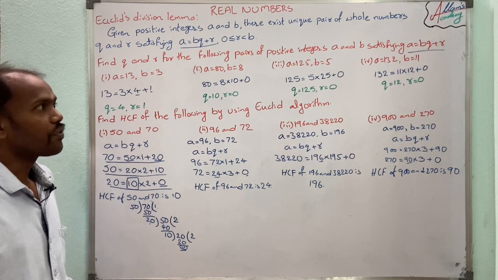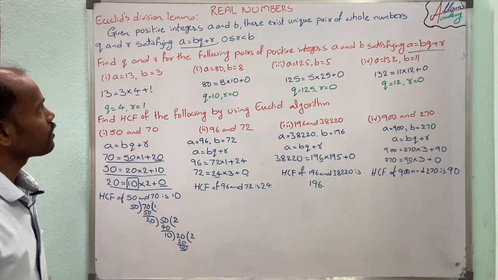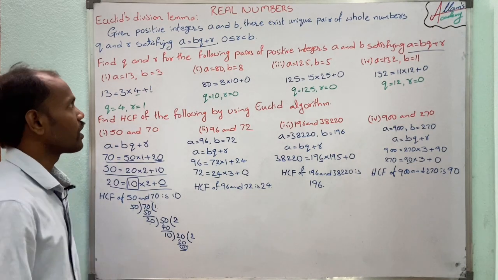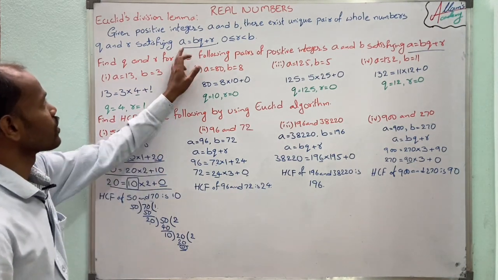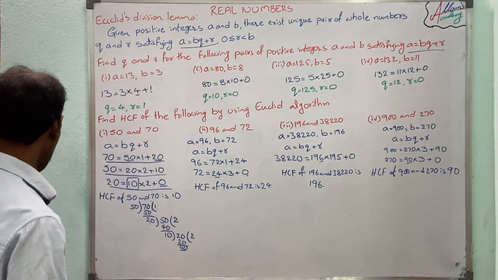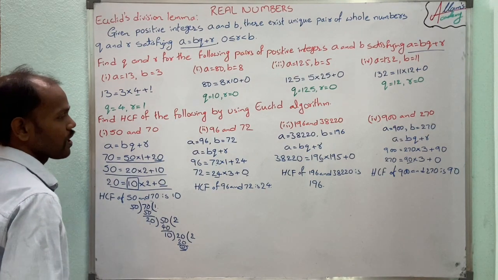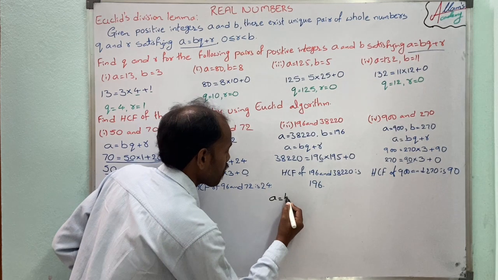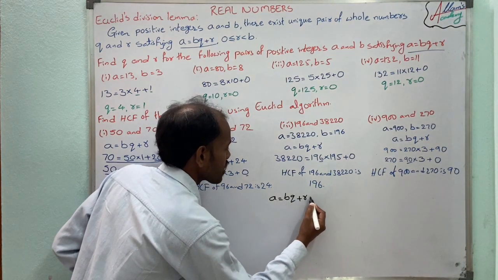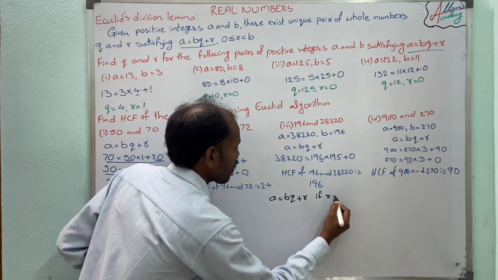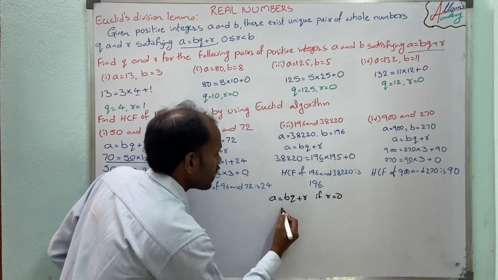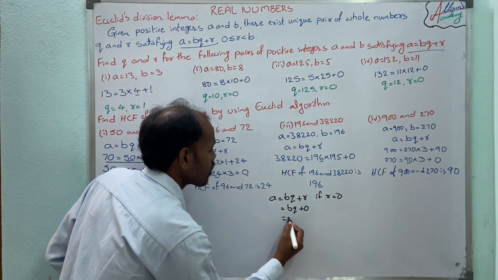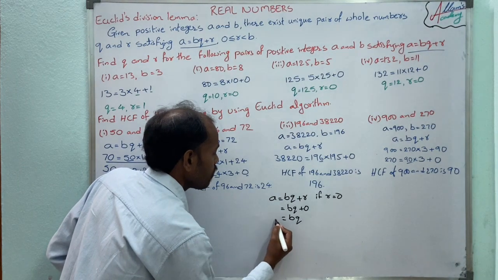So now if we observe here, the R value is 0. Then what happens to this Euclid's division lemma? If A equals BQ plus R, and R equals 0, then it is BQ plus 0, that is nothing but BQ.